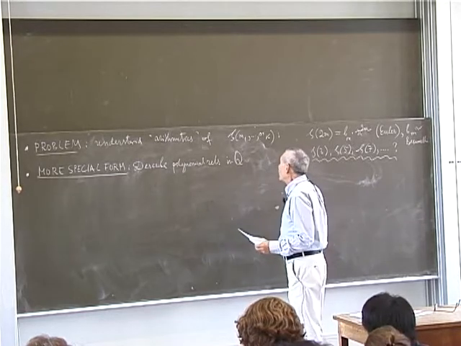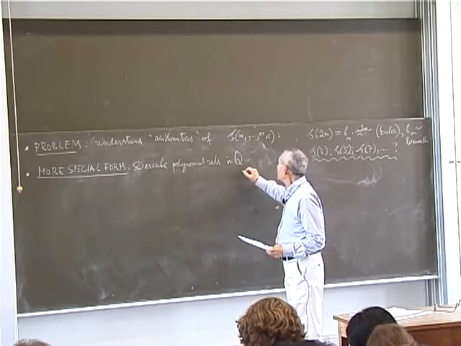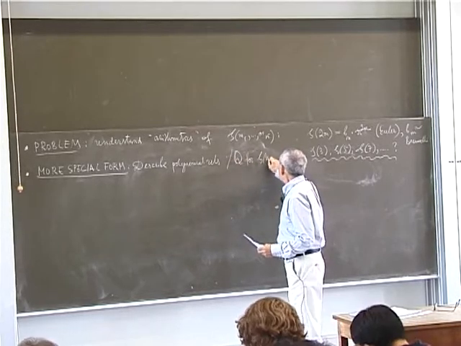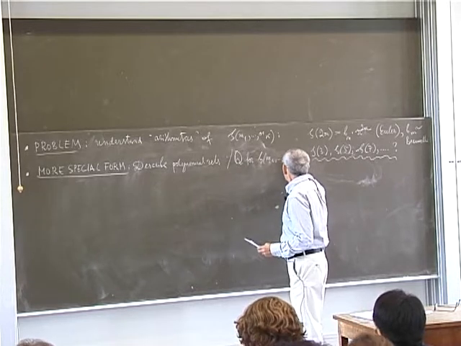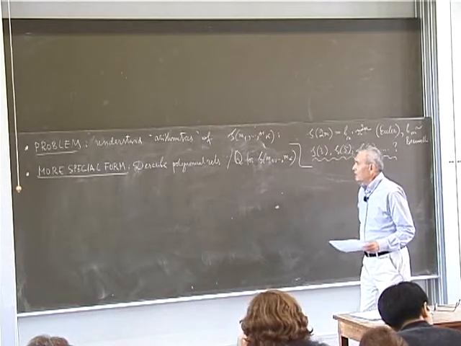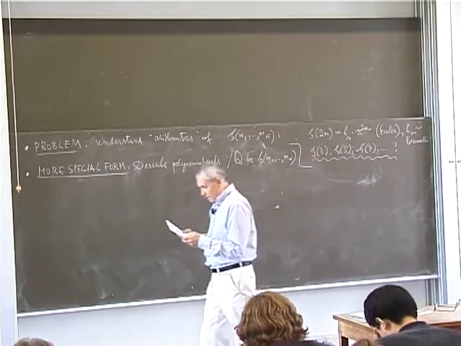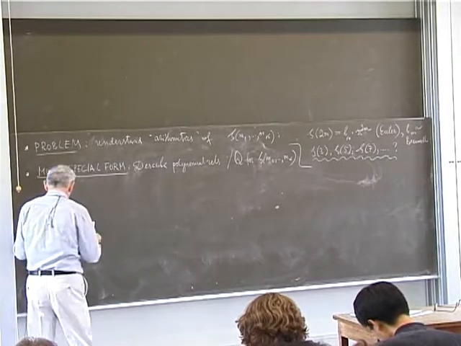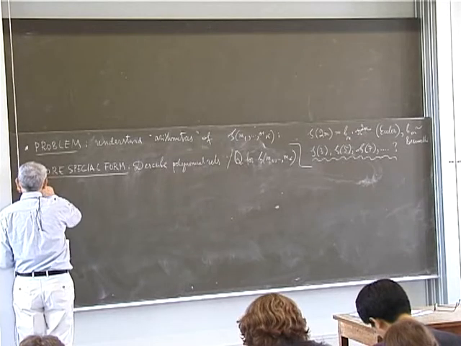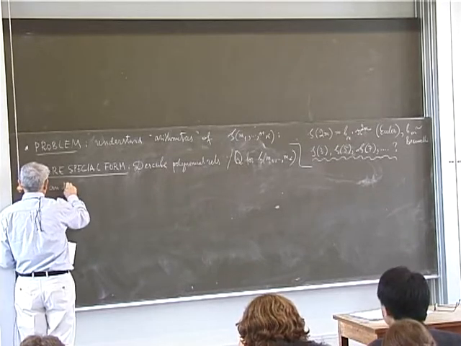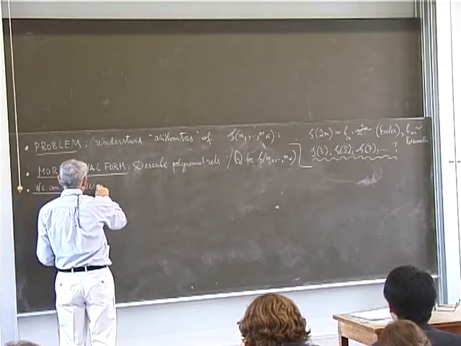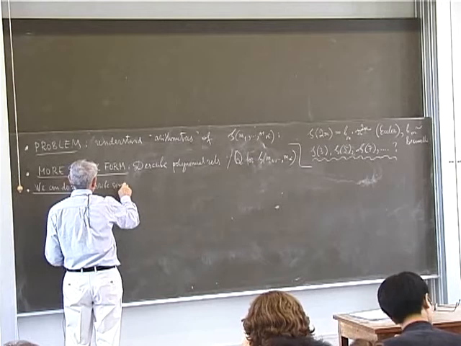So try to describe polynomial relations with coefficients in Q between these numbers. And what we can do is describe some polynomial relations, construct them.